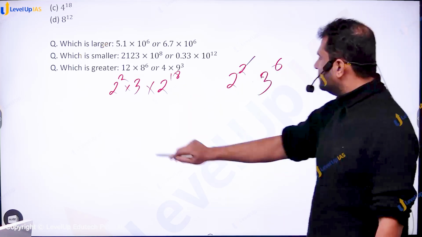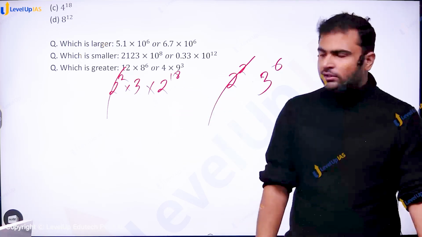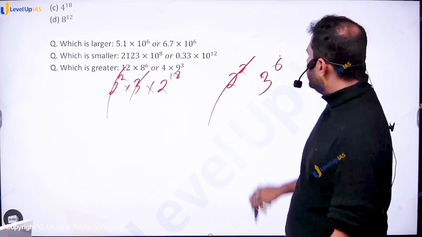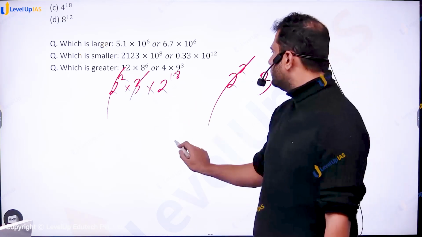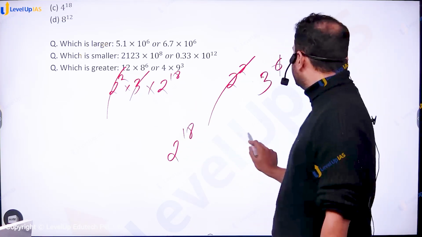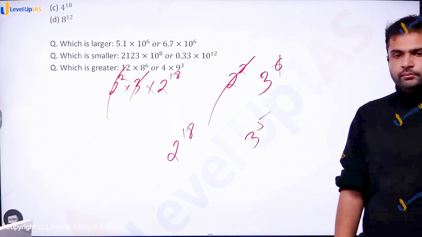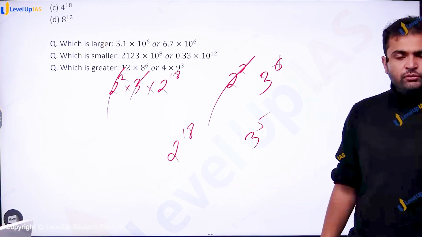You can cancel. No issues. All are in multiplication. And now here we have, and 3 we can cancel 1. Right? So here we have 2 raised to 18 and here we have 3 raised to 5. Now we can decide which is greater. We know how to deal with powers of 2 and 3.